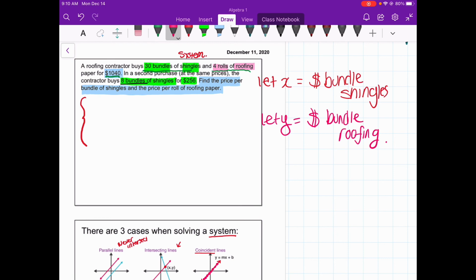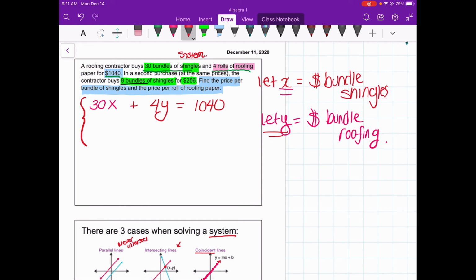So I'm going to pay for every bundle of shingles, meaning it's 30 bundles of shingles times the price, which we said was X, plus 4 rolls of roofing times the price, which is Y. For example, if roofing was $2 per bundle, we would say 4 rolls is $8, 4 times 2. And the total cost is $1,040.